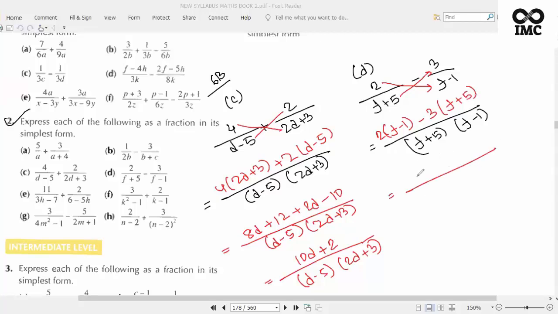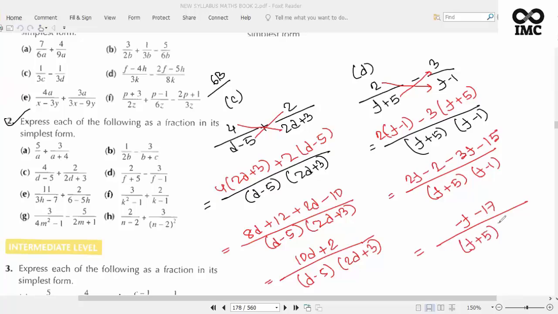So, 2 multiplied by f minus 1, that will be 2f minus 2, minus 3 multiplied by f plus 5, minus 3 5s are 15, divided by f plus 5 into f minus 1. So here 2f minus 3f, that will be minus f, minus 2 minus 15, minus 17, divided by f plus 5 into f minus 1.